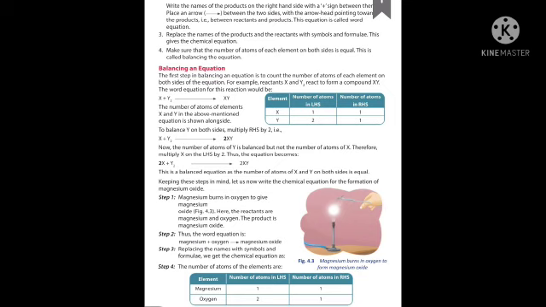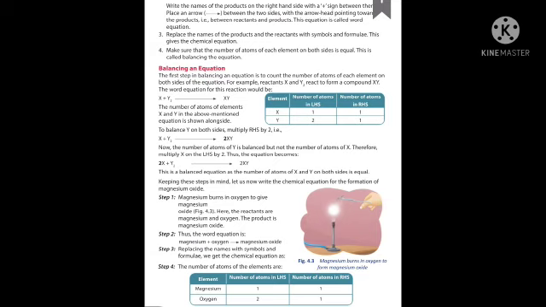Mg plus O2 gives 2 MgO, you have to multiply by 2. Now the number of oxygen atoms is balanced, but the number of magnesium atoms is not. Therefore, multiply magnesium on the LHS by 2. Thus, the equation becomes 2 Mg plus O2 gives 2 MgO. So now this is the balanced chemical equation.